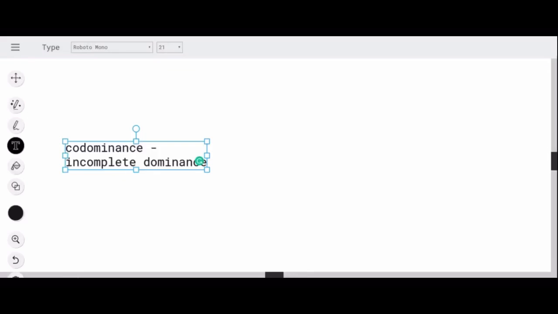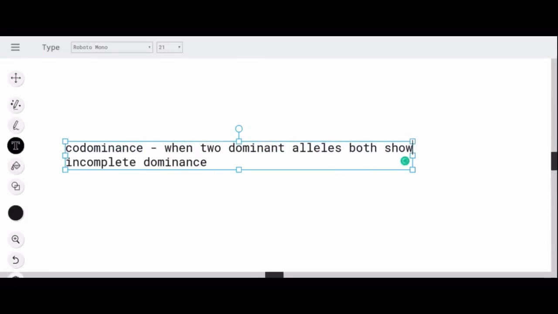Incomplete dominance and codominance are very similar things. They're both things Gregor Mendel did not get. So codominance is when two alleles that are both dominant come together and you see a little bit of both, like speckled chickens. These are usually very special cases.